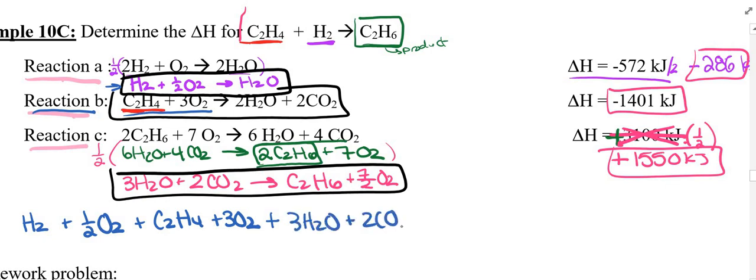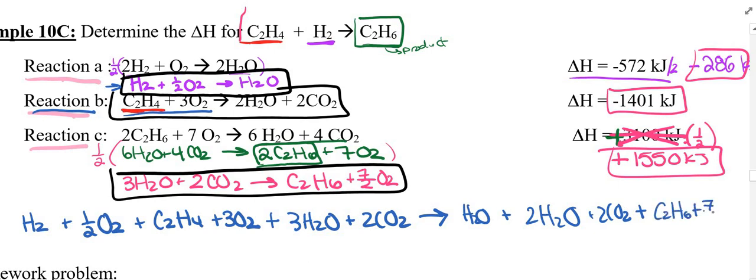Okay, and now I finished all my reactants, so I'm now going to move on to products. Okay, reaction A, my product was water. Reaction B, my product was 2 waters and 2 carbon dioxides. And then my last reaction, my products were C2H6 and 7/2 O2.